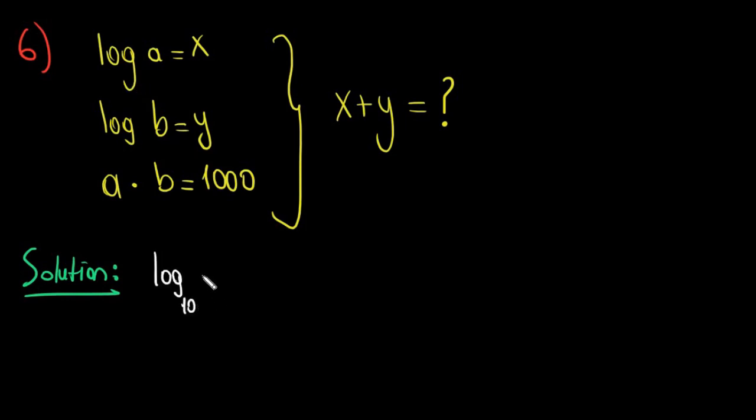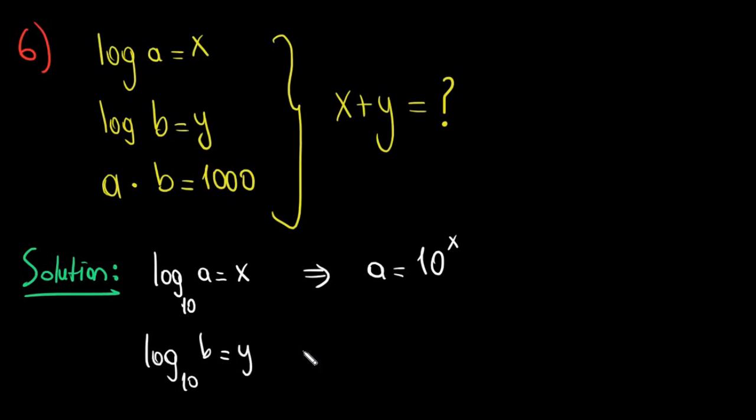Log base 10 of a is equal to x, so that means 10 to the power of x is equal to a. And log base 10 of b is equal to y. That means b is equal to 10 to the power of y.